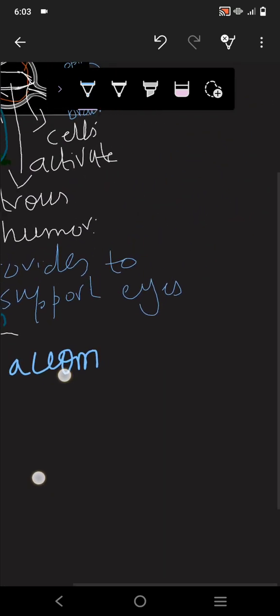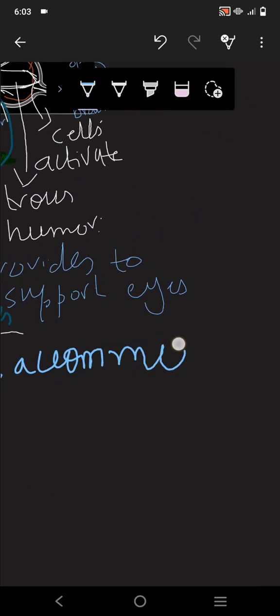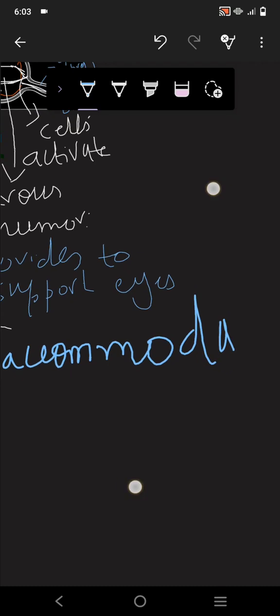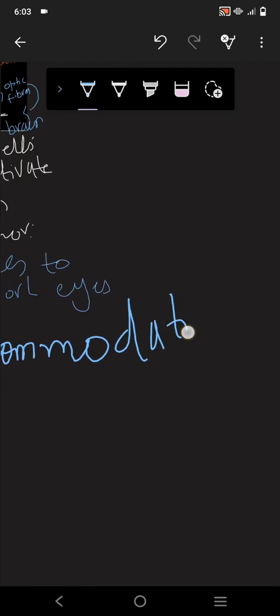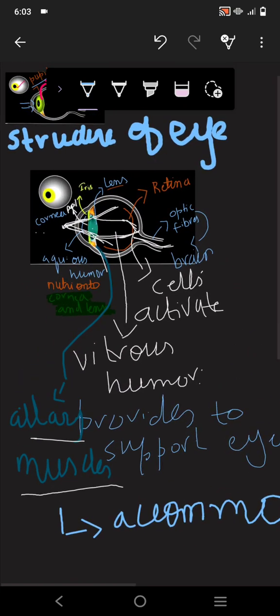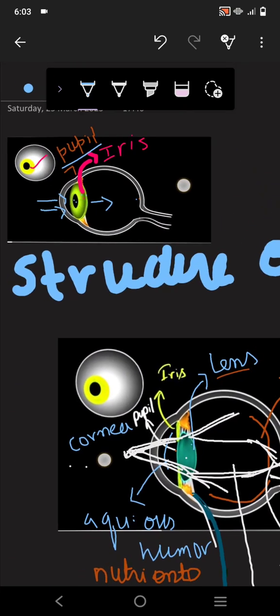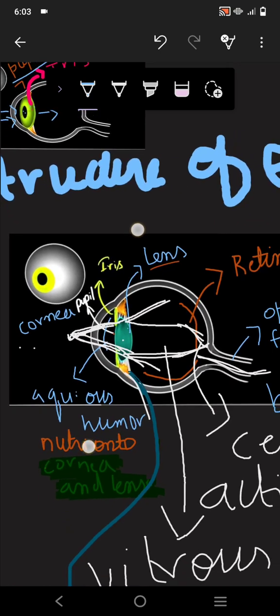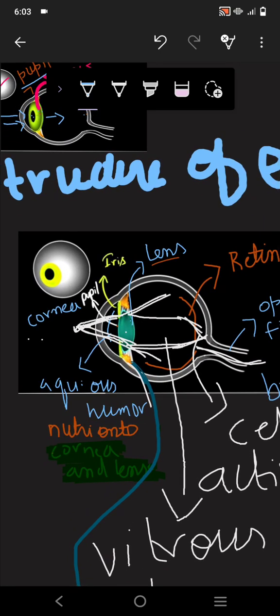I hope that is clear. This is the structure, and it is clearer now.